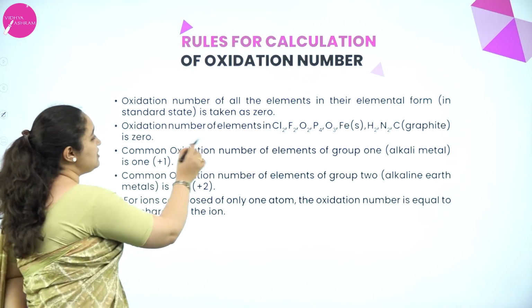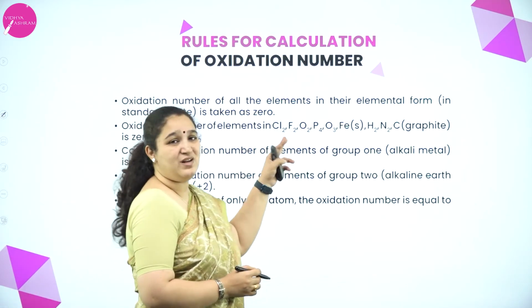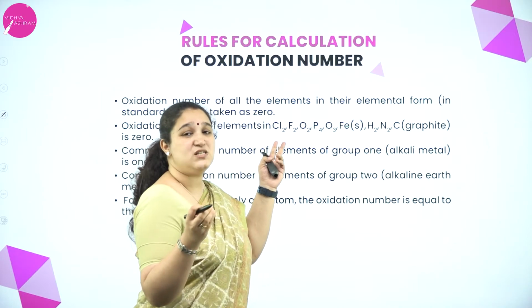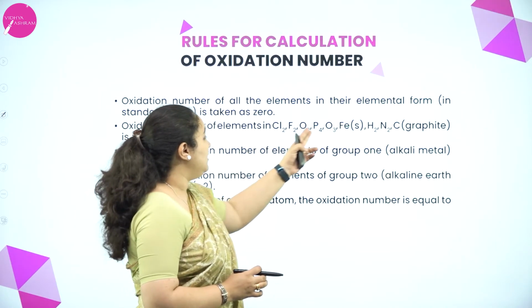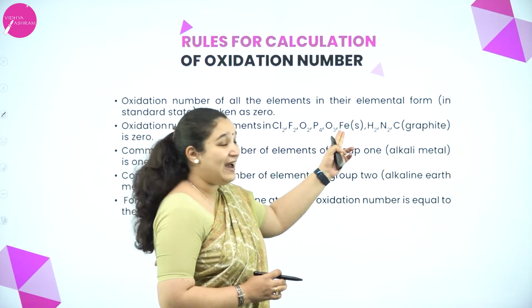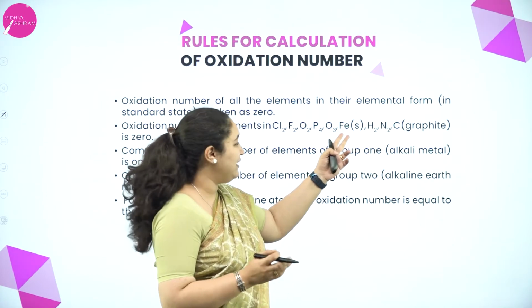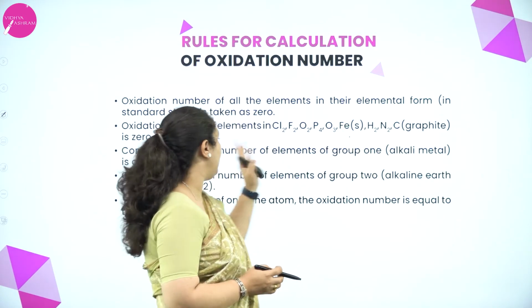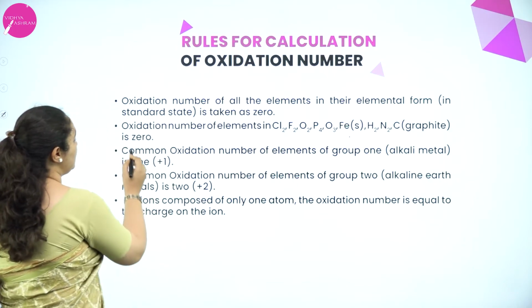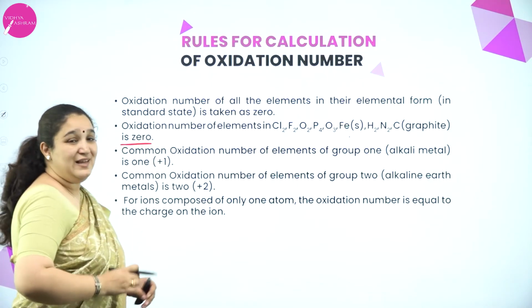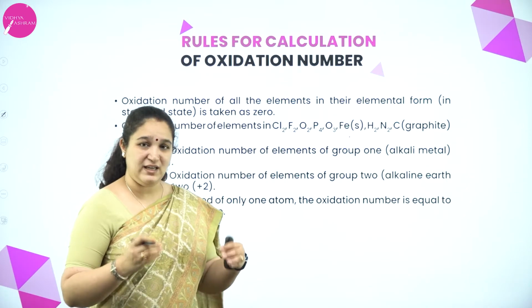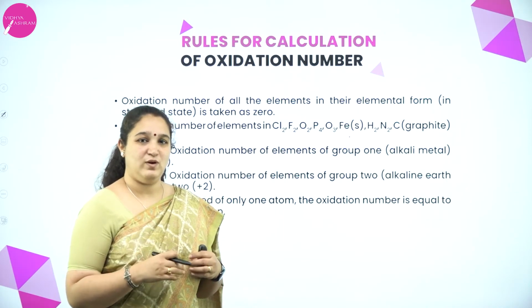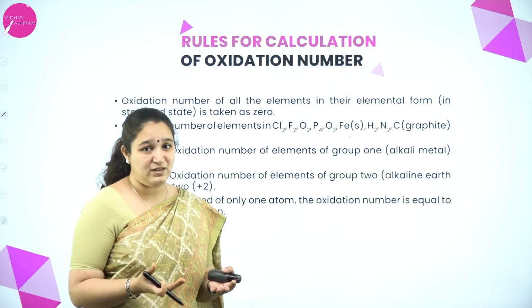See, chlorine is present as chlorine gas, oxygen is present as oxygen gas, then you can write ozone. Iron in the solid state is metal, hydrogen, graphite, etc. All of their oxidation number is 0 because they are in the elemental state, in the free form.